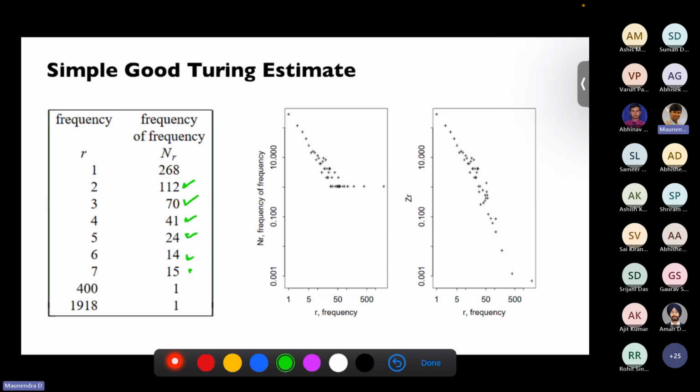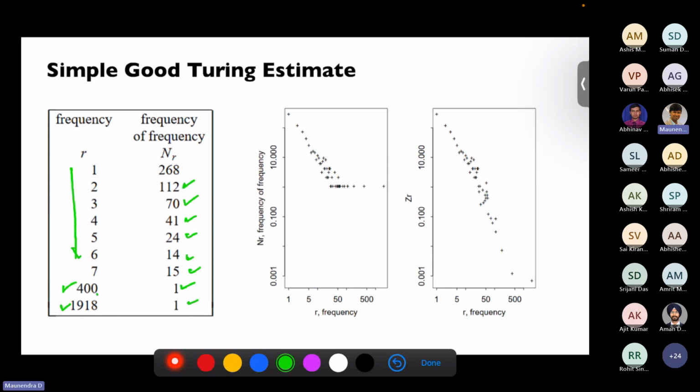Now, what they saw is that this is not always continuous, which is expected. What we mean by not continuous is that in a corpus there could be a single word with frequency 400, and then another word with frequency 19180. In between, there was no word with frequency 401, and no word with frequency 402.